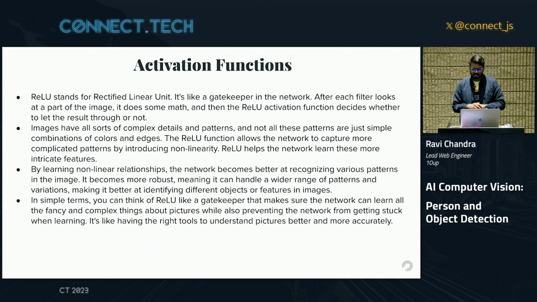They are never linear. They have to be non-linear. You have different patterns. Images are pretty complex. ReLU ensures that there is non-linearity, and we are not focusing on maybe one part of the image which is too bright or one part of the image which is too dark. And it also helps build complex non-linear relationships in the model between the neurons.